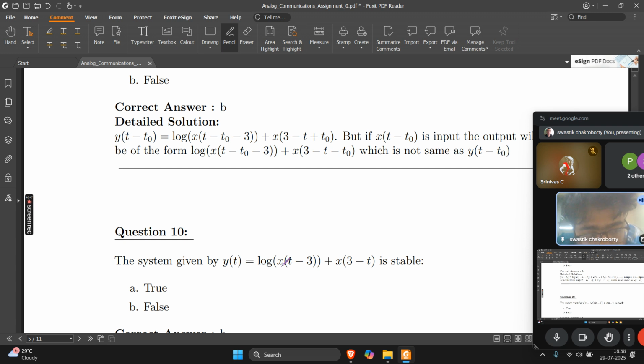But is it guaranteed that if your argument is finite, you will have a finite log? Is log x(t minus 3) finite?